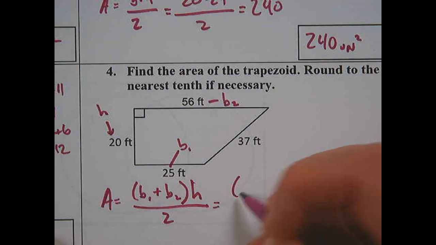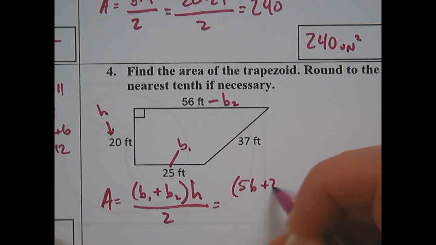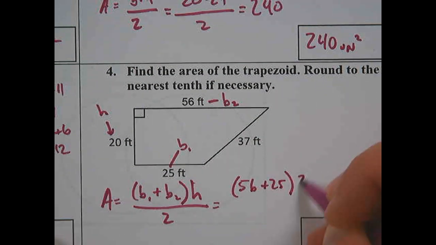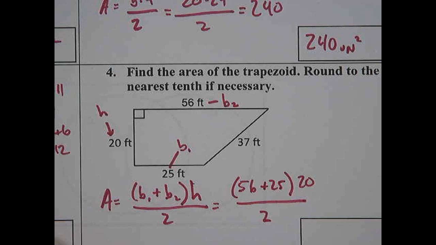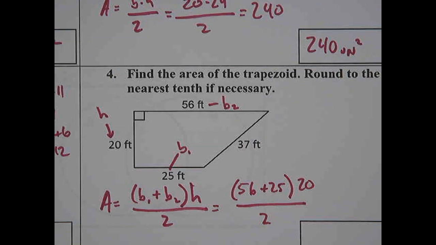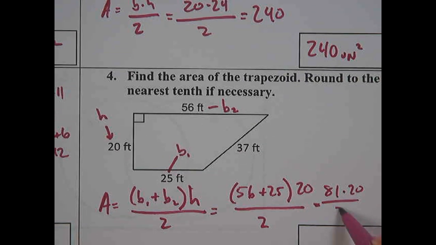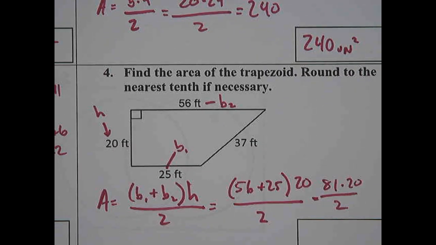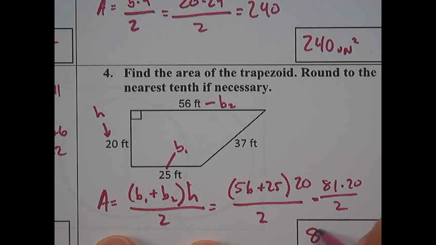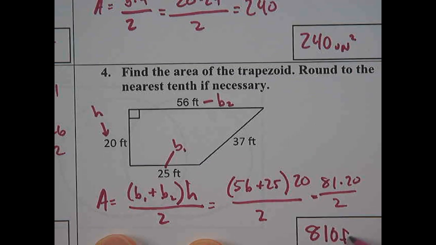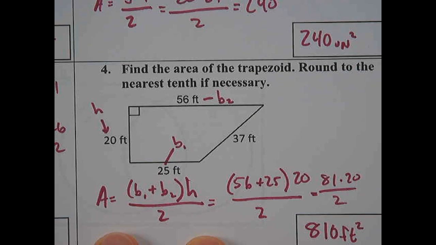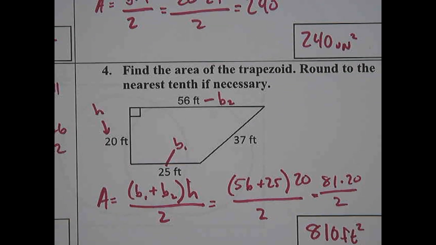So we go 56 plus 25 times 20 divided by 2. Follow the correct order of operations: we add 56 plus 25 first to get 81, times 20 divided by 2. This gives us 810 square feet. That would be our final answer here.